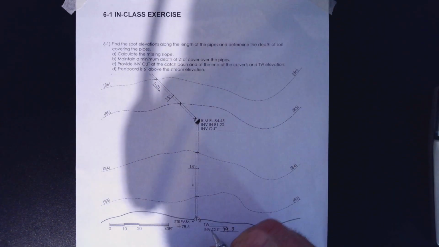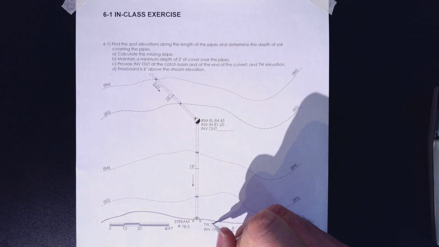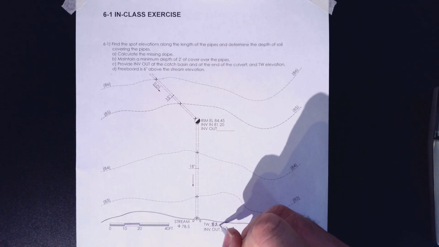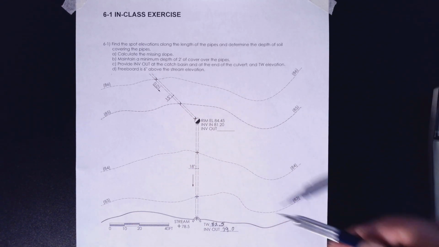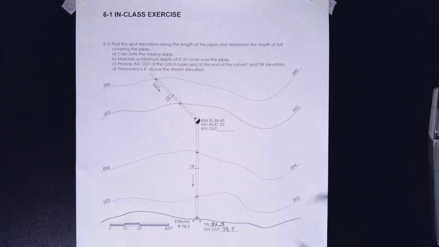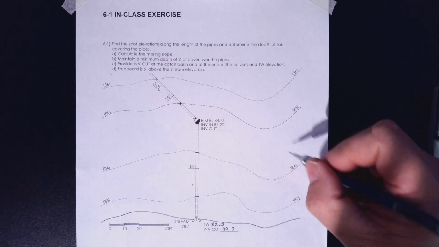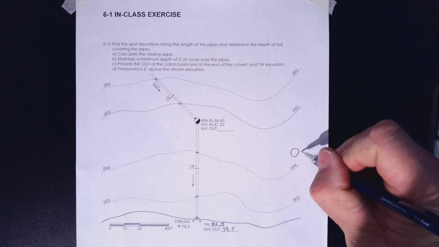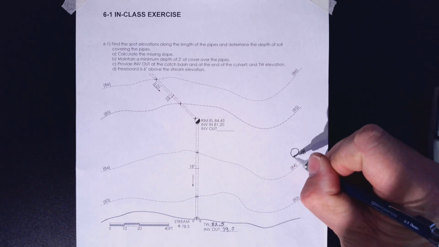So this is 82.5. Oh, you can't see my calculations. Shoot. What I was showing you was a pipe. The pipe is 18 inches, and this is the bottom of the pipe.